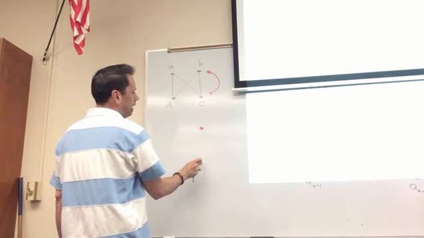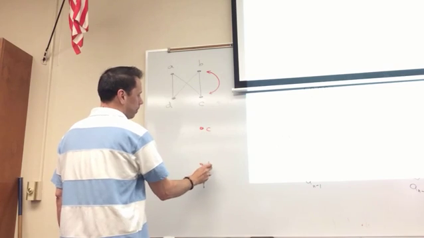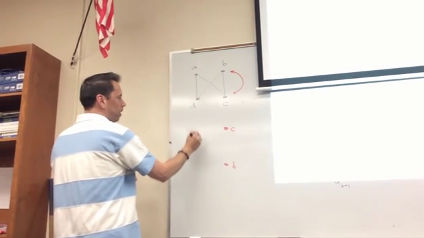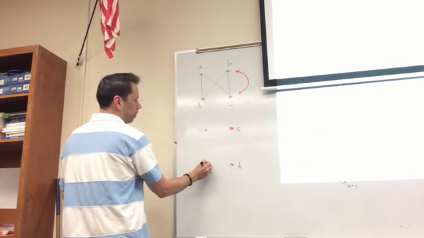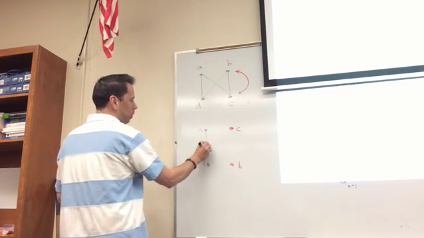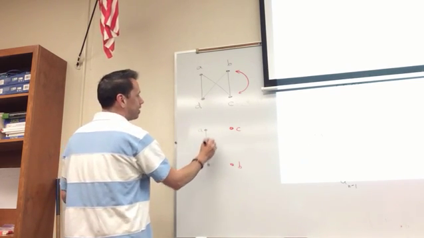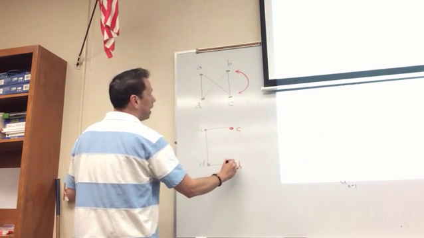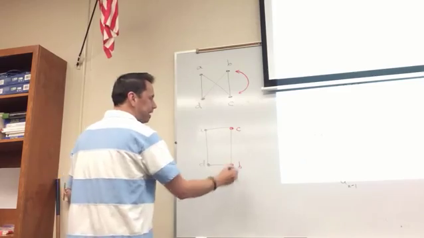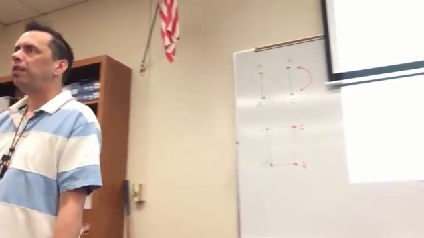So if I put C here and B here, and I keep A and D where they are, so A and D were connected, A and C were connected, D and B were connected, and B and C were connected. That is the exact same graph. The only thing that matters is which vertices are connected. So that and that are exactly the same thing.